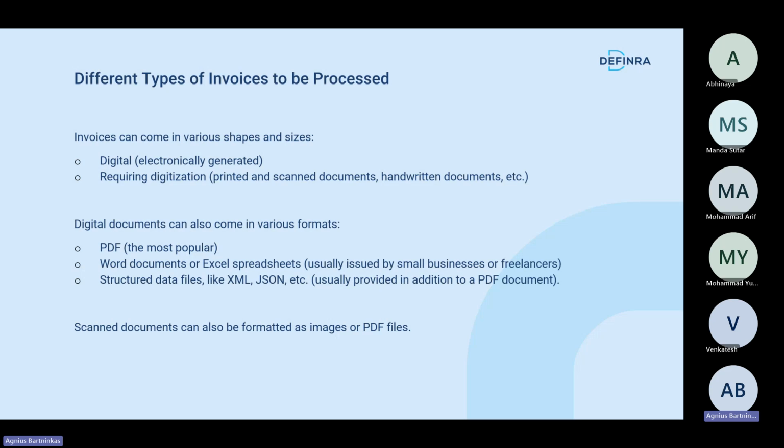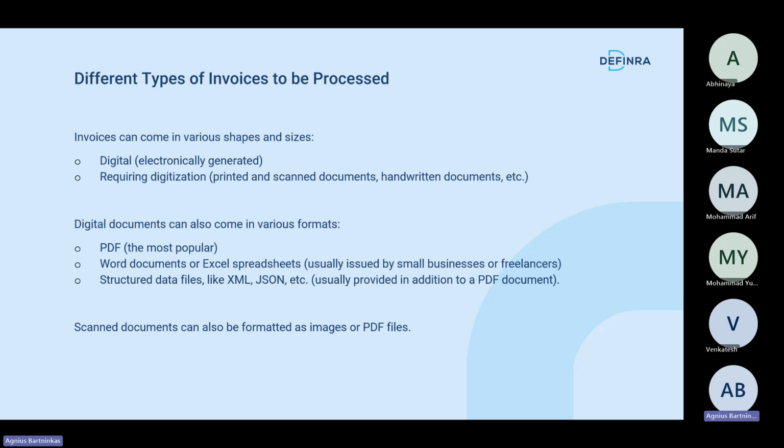And then they can also come in various formats. When it comes to digital documents, these are relatively nice to process and automate. They can still come in various formats. We can get it as a PDF document, which is the most frequent, most popular. That's usually okay-ish. But we can also get it as a Word document or an Excel spreadsheet.